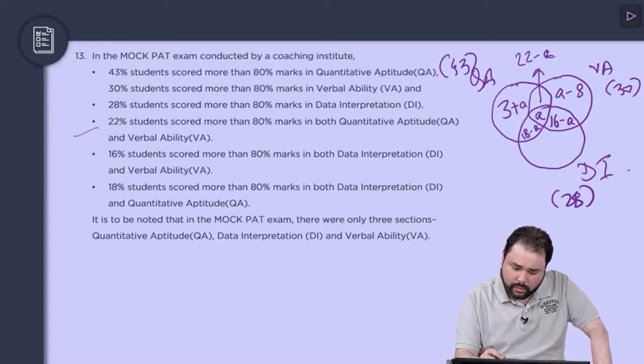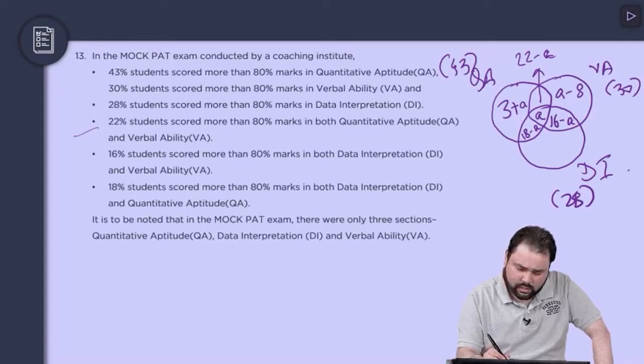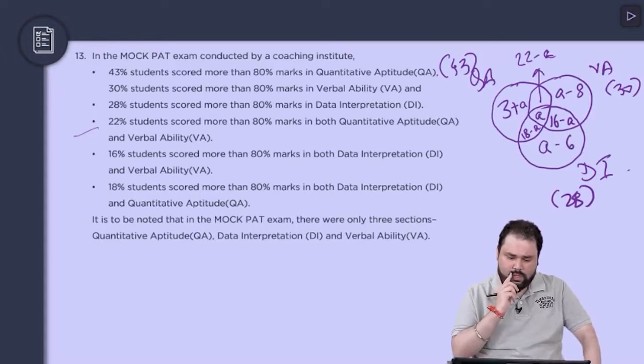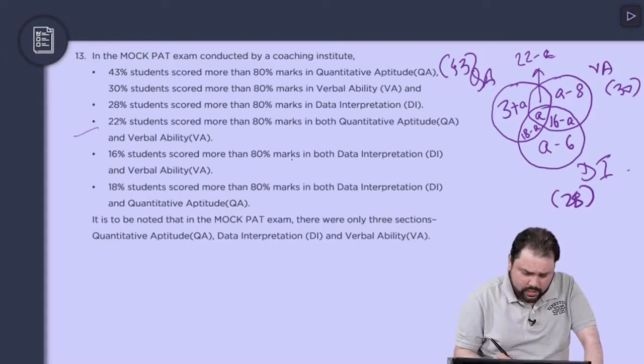Then 28, so I have 34 minus A, so again A minus 6. Okay, so let's look at the question.